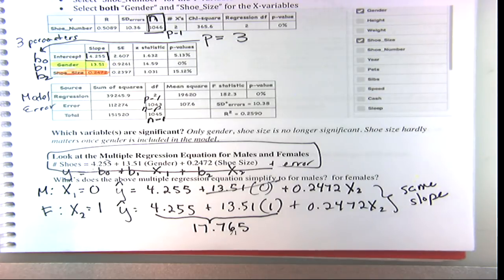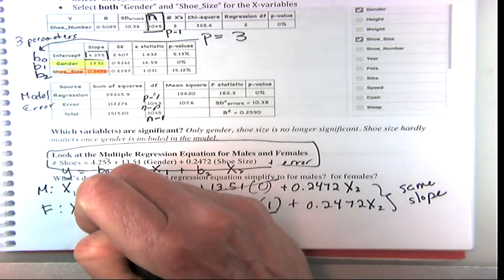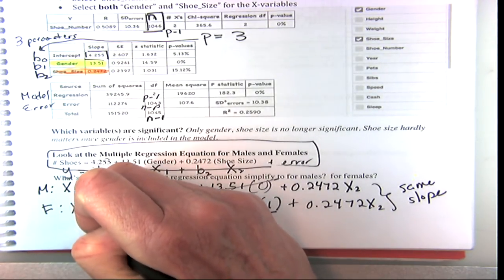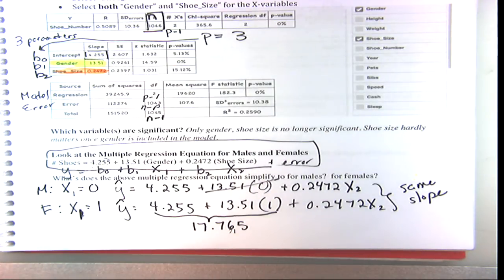Yeah? So for the female one, you said x2 equals 1. So then why did you plug the 1 into x1? Oh, x1 equals 1, yes, sorry. Thank you. Who else caught that? Thank you. I really appreciate it when you do that. It helps a lot of people.